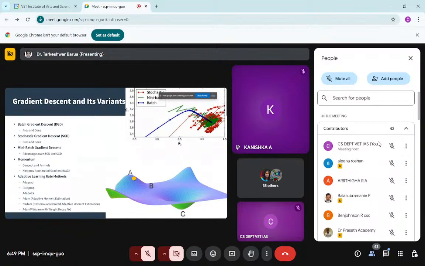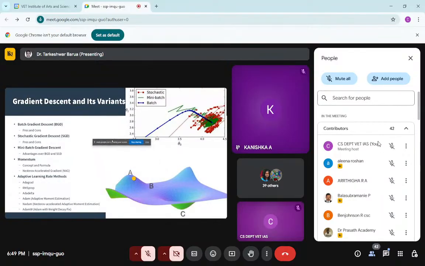You can see the comparison between them. The batch starts and goes to a particular place, and the batch and mini batch take time. You can see which is the best one: the green one is the best.